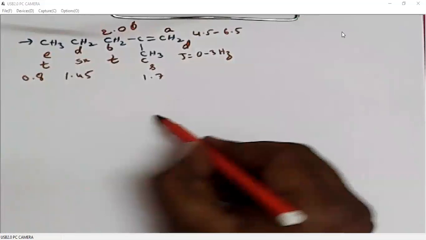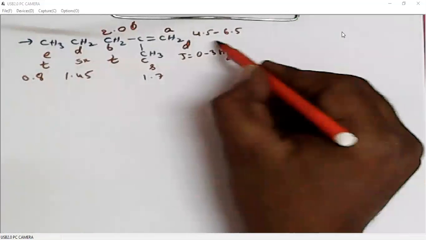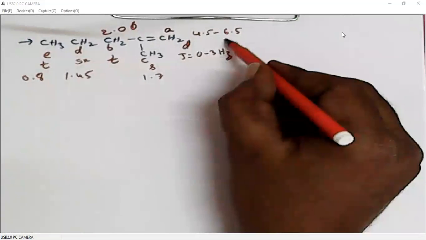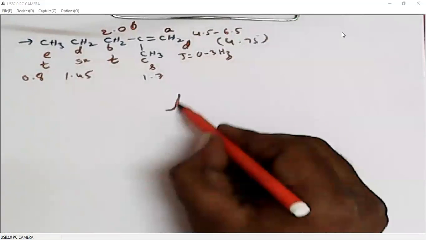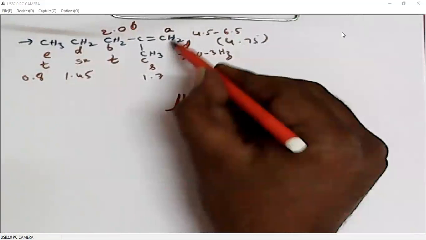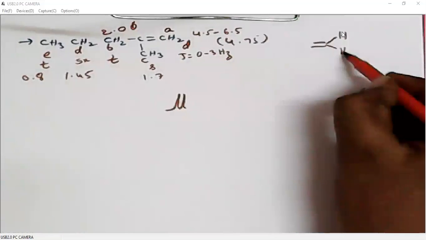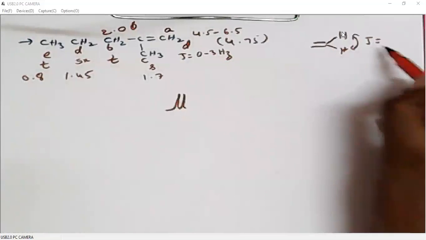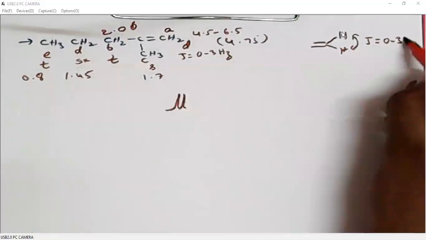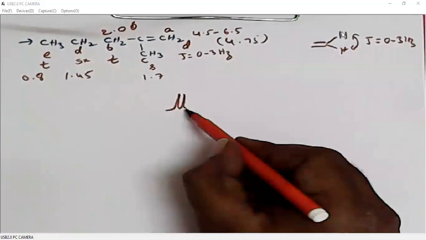Now when we try to draw a model spectrum, the highest one appears at 4.75. It is a doublet because of the coupling between these two protons. Of course, it is a weak coupling, so its value is 0 to 3 hertz. It is a doublet.